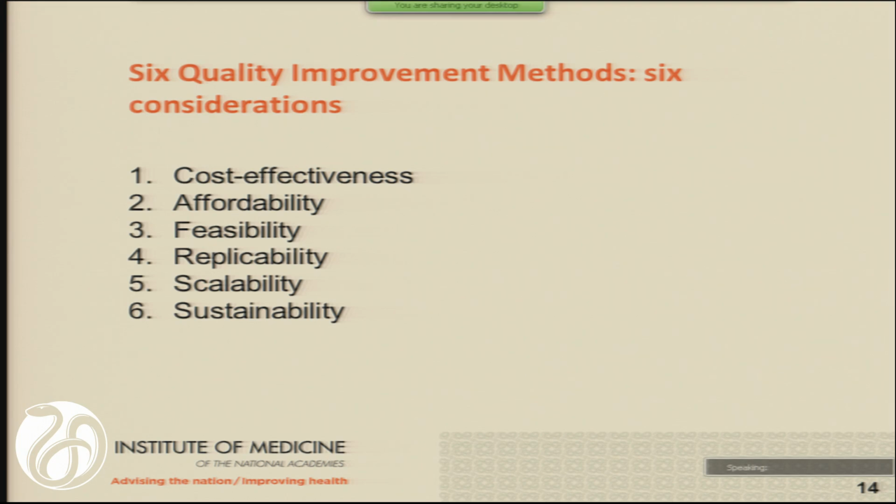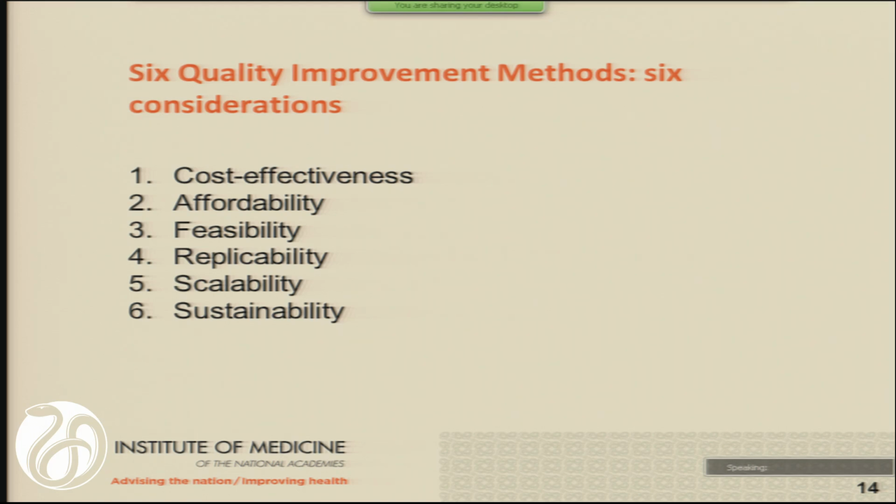Secondly, we need to consider affordability. The context varies from country to country, and each of these interventions has a different intensity to it. The third consideration is feasibility. How feasible is the method in different contexts and different health system settings where resource availability may vary?